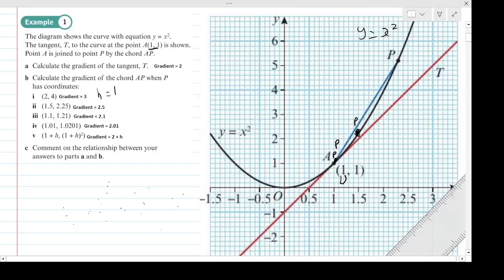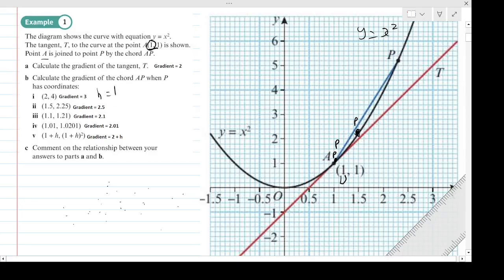So remember, originally when P is 2, which is quite far away from A, it's quite far away. The distance or the gap between A and P for X: at A, it's 1 for X, and P here it was 2. So 2 take away 1 is 1. So my gap is 1.